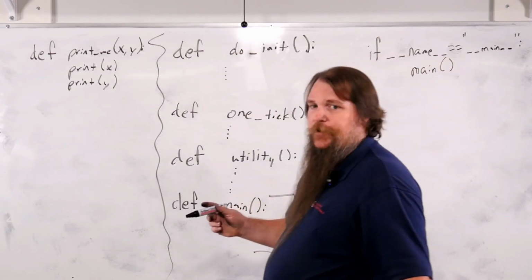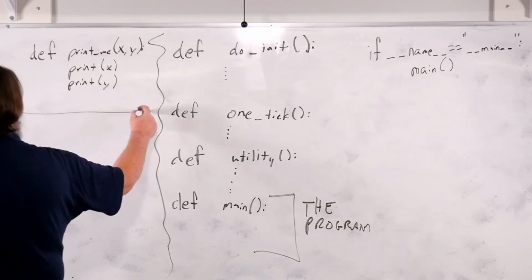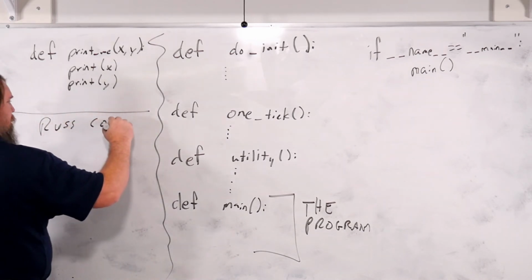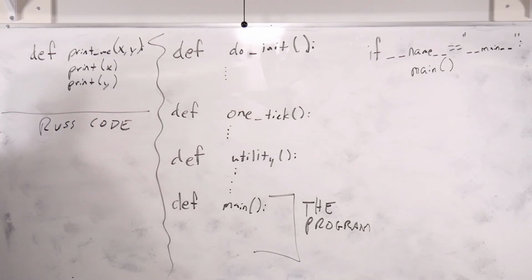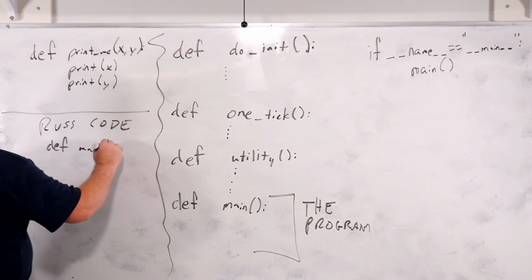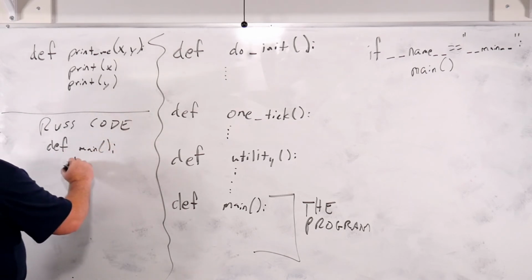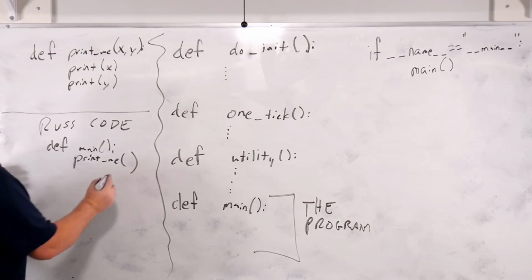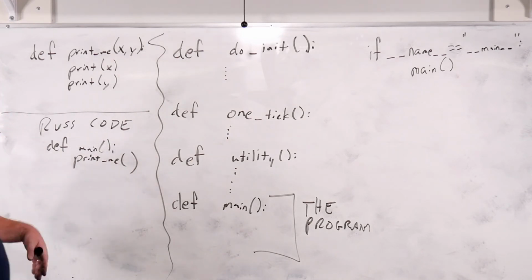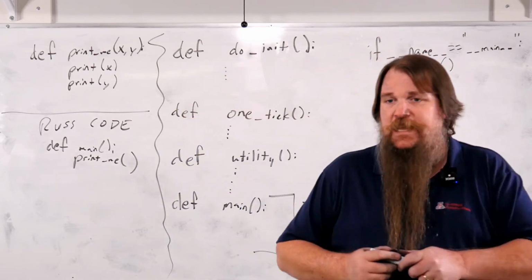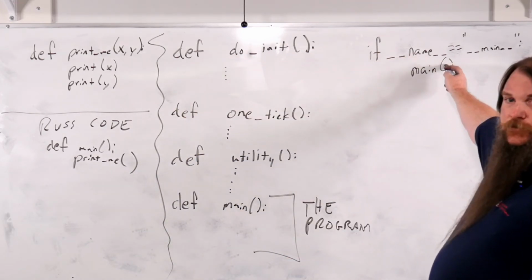Instead, what's going to happen is that there will be test code, which will have my own main function. And what I will do is I will call print_me. So if I ask you to implement the whole program as such, you need this.